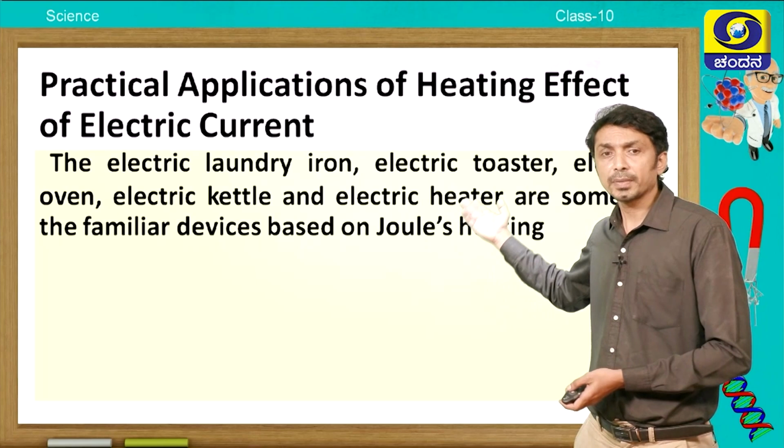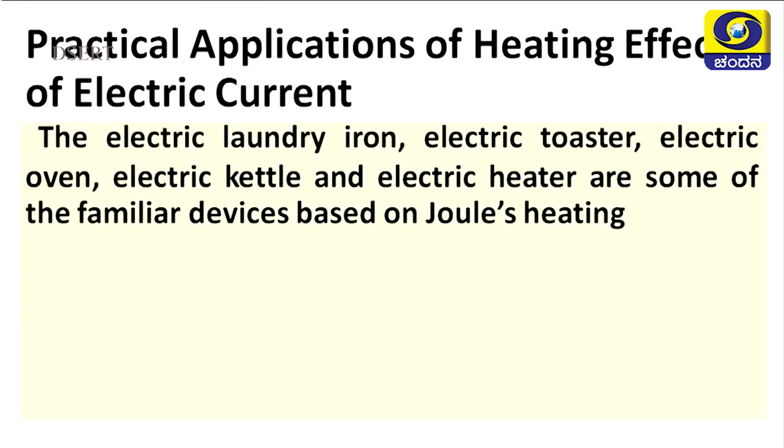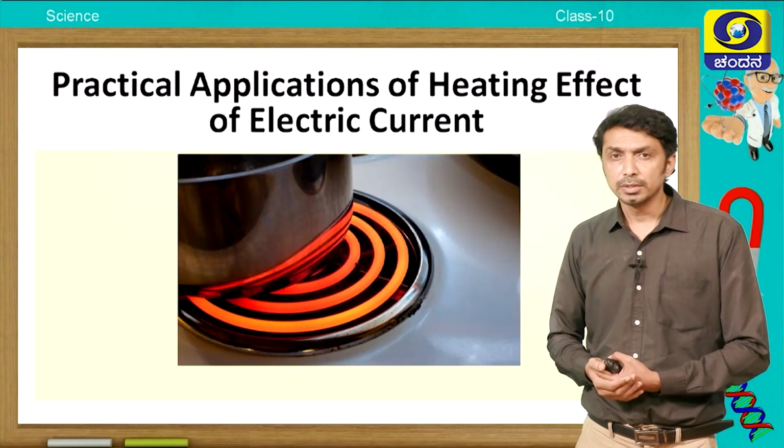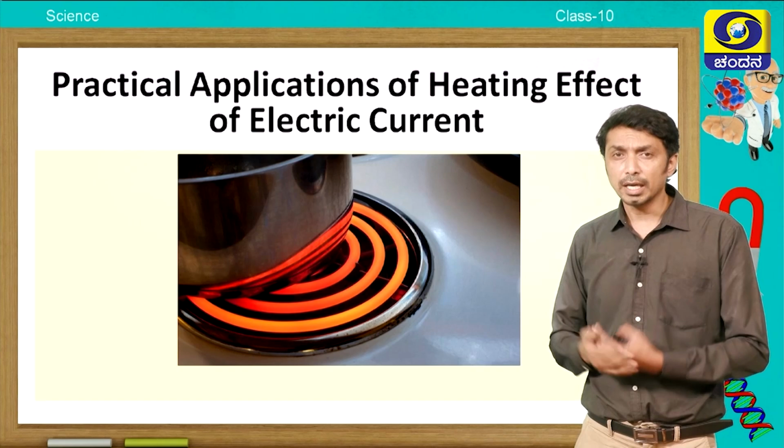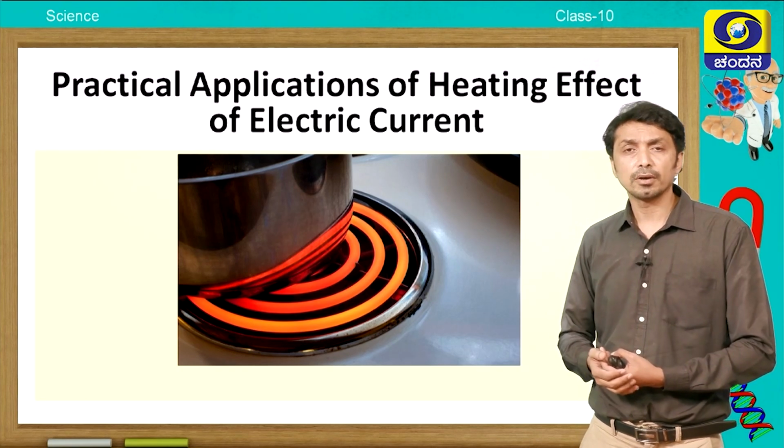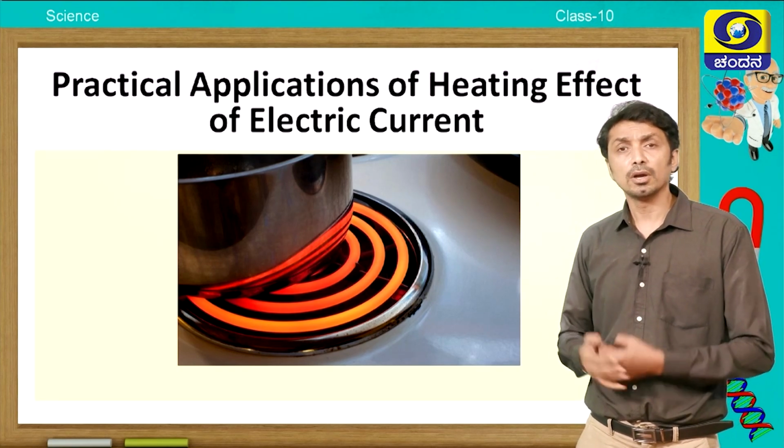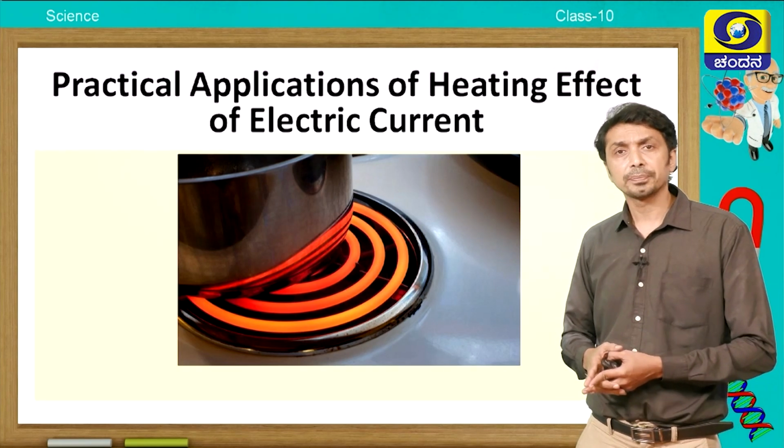As you can see, electrical iron, electrical toaster, electrical oven, electrical kettle. All these are devices which work on the same Joule's law of heating. These are the practical applications of Joule's law of heating, or the heating effect of electric current.